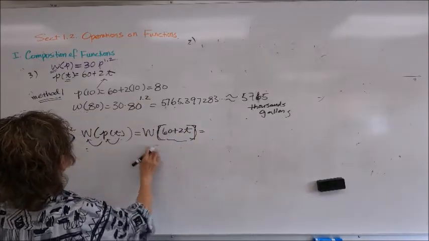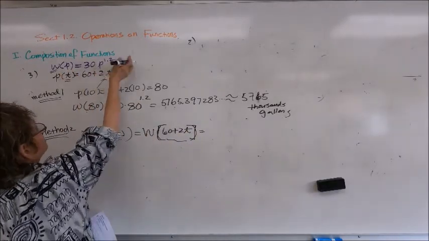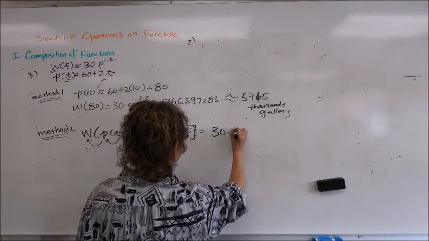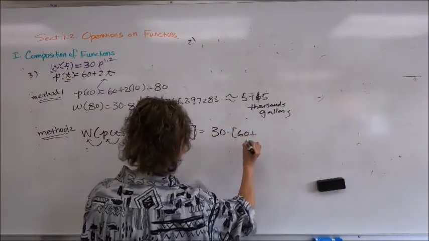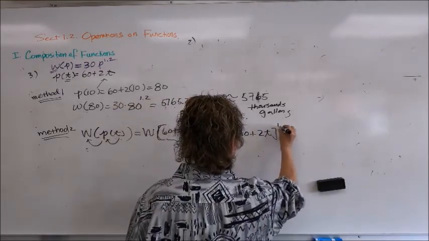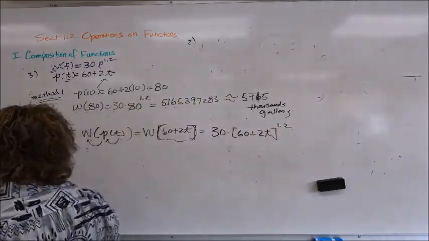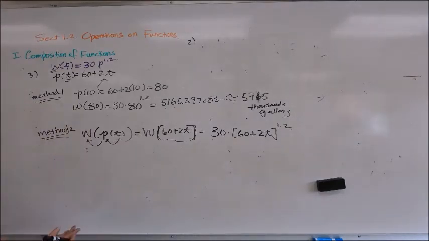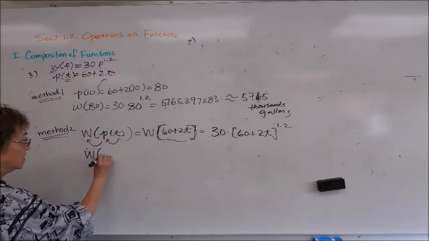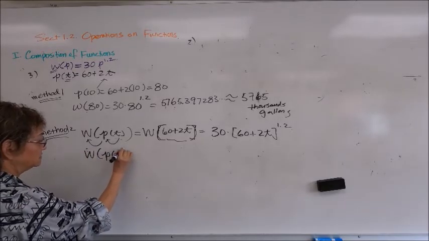That's your P, right? Whatever P is, you will do 1.2 power. So that would be 30 times what? 60 plus what? 2T to the 1.2 power. Then we want to predict 10 years later, so you can just directly plug in what? 10 here.